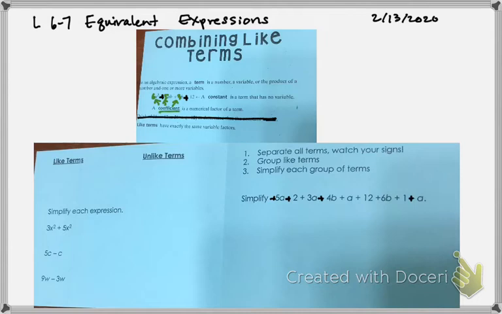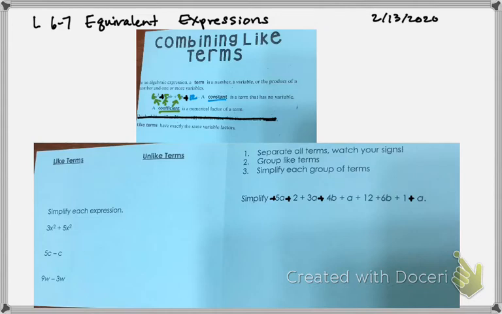That's the numerical factor, the number that's getting multiplied in a term. And then we have our constant, which is the guy right here, 12, and he's a term that has no variable. And then like terms have exactly the same variable factors. So we specified in the notes, same variable, same exponent, okay?